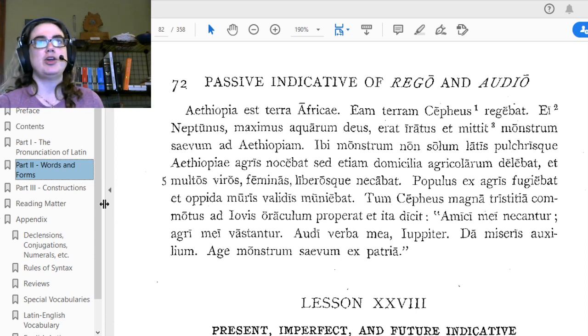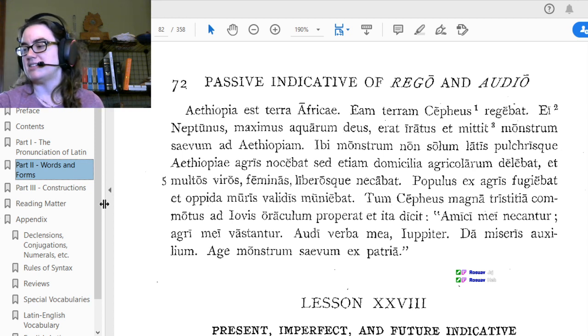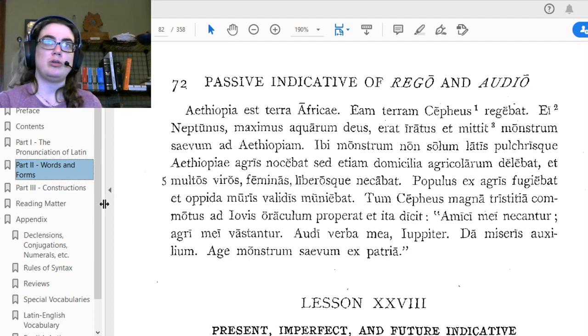All right. Ethiopia. Ethiopia is a land of Africa. Cepheus. How do I normally say that? Cepheus? Yeah, I guess Cepheus. Anyway, he used to rule that land, right?